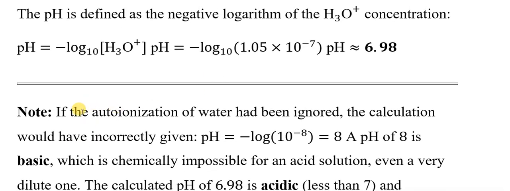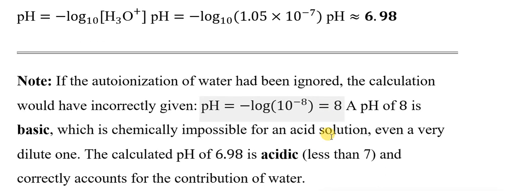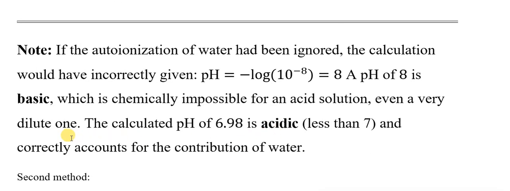Keep in mind that if the autoionization of water had been ignored, the calculation would have incorrectly given a pH of 8. A pH of 8 means greater than 7, slightly basic. But for HCl acid, the pH never goes above 7, which is chemically impossible for an acidic solution, even a very dilute one.